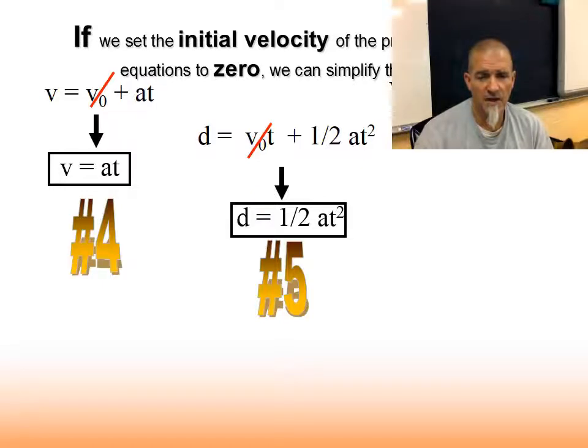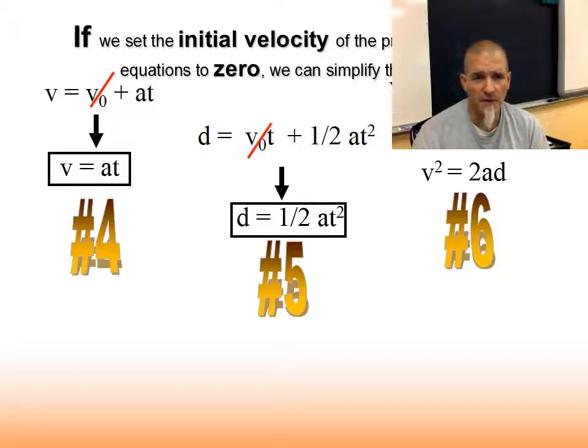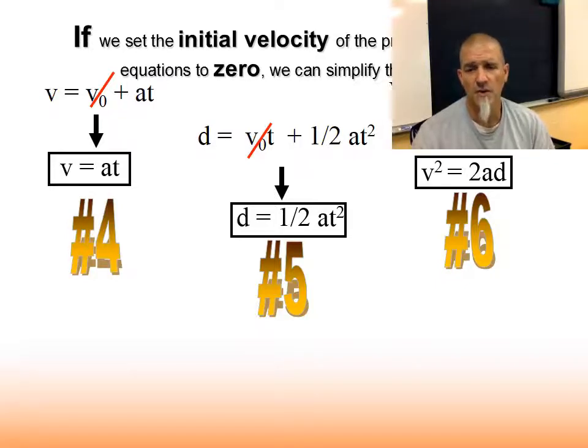It's the second equation, equation number 2, where the initial velocity is 0. d equals 1/2 at squared. Equation number 5. And going on to the last one then, v squared minus v0 squared equals 2ad. If v0 is 0, that would be this term here. Then that whole term goes away, and we're left with this. Here is equation number 6. v squared equals 2ad. Here's equation 4, equation 5, equation 6.